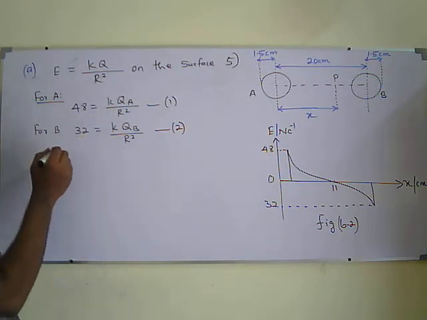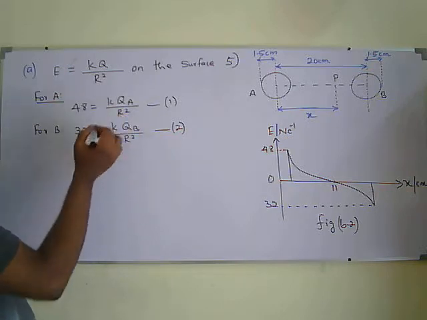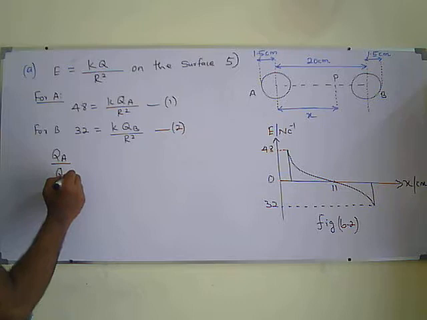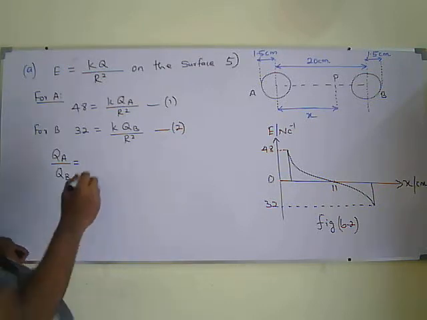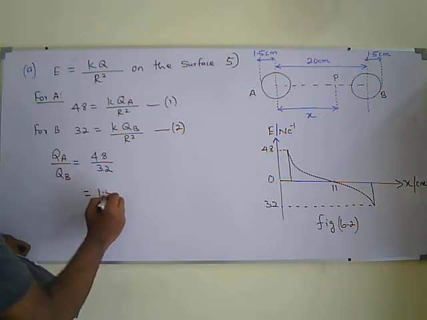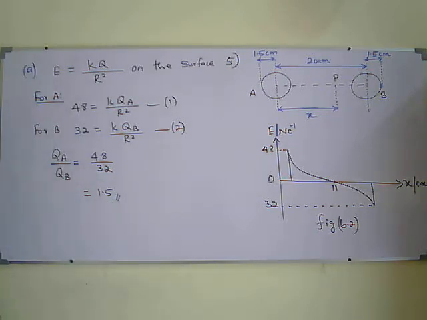If you divide, K will get cancelled, R squared will get cancelled. So QA over QB equals 48 over 32. That also gives 1.5. So either way, you can answer the same question. That's the A part of question 5.